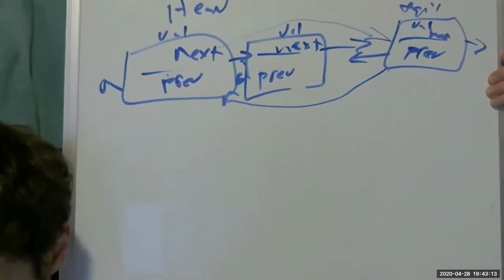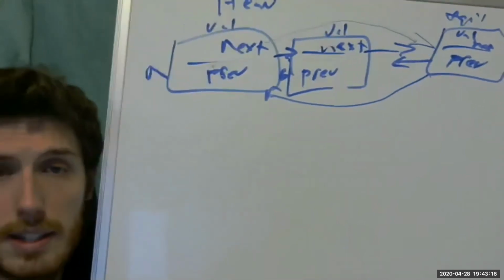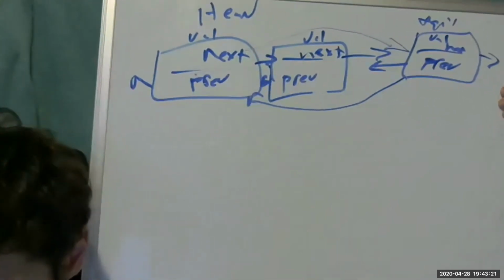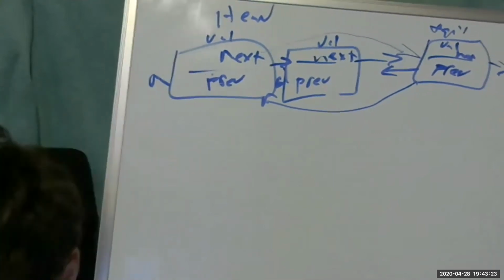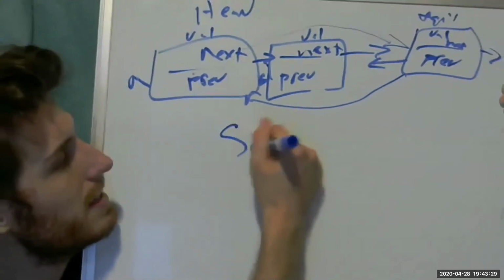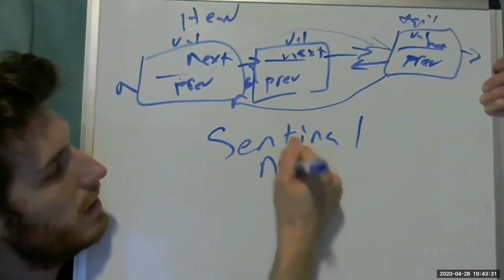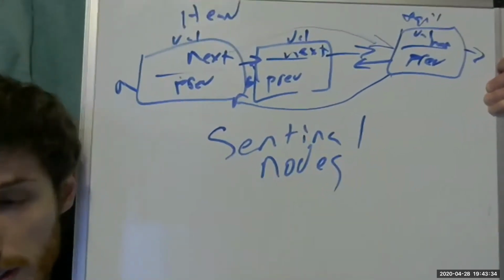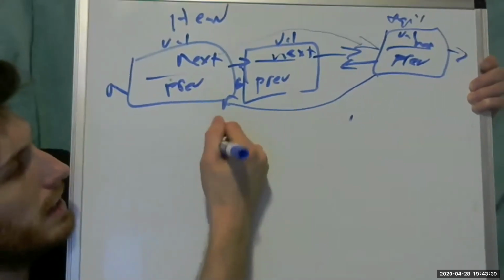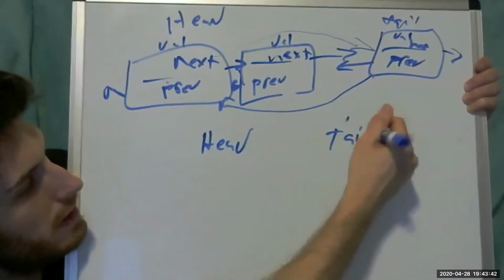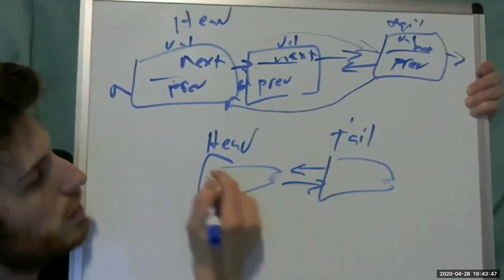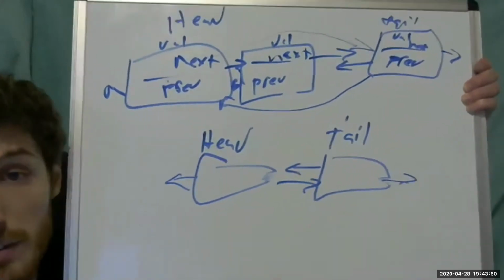Okay, and when you create your doubly linked lists, it's good practice to have sentinel nodes. A sentinel node is a head and a tail that start off just pointing to each other, but they don't have a value.